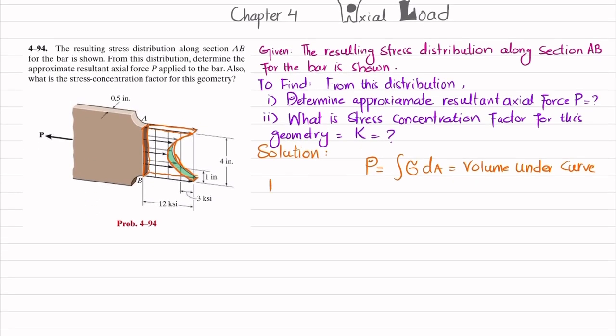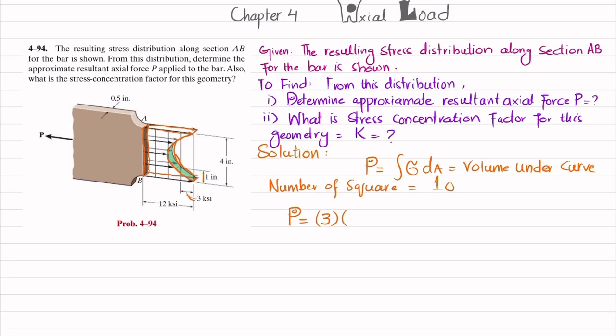As I have already discussed, the number of squares in this volume is equal to 10. Let me count it again: 1 square, 2 and 3, plus 4, 5, 6, 7, 8, 9, and 10. So approximately there are 10 squares. P will be equal to, you can see the intensity of one square side is 3 ksi, so 3 multiplied by the area.